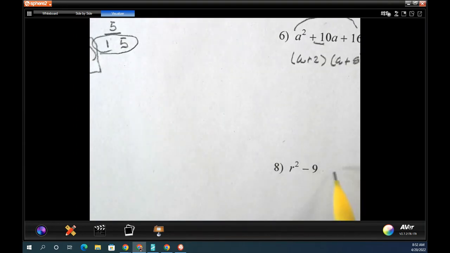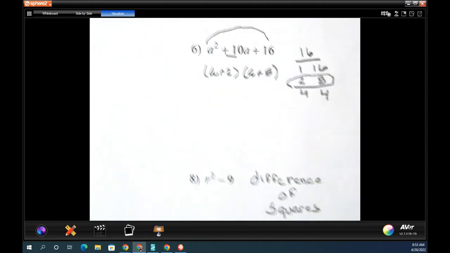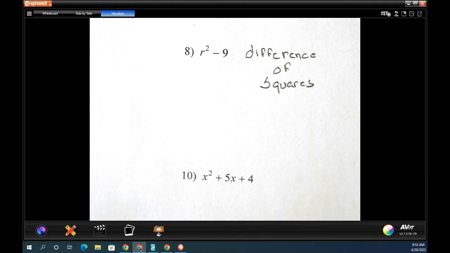Number 8. This one's a difference of squares. Oops, sorry, couldn't see it. All right, difference of squares. Here's the thing.